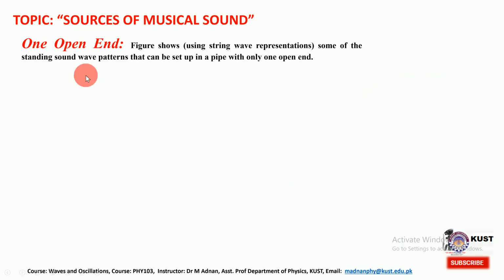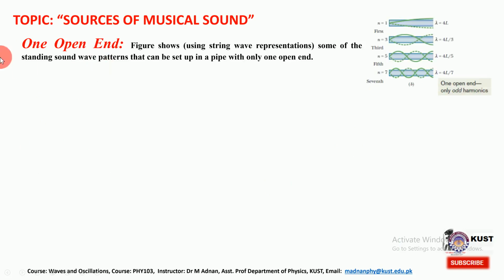Now if the organ pipe is designed in such a way that one end is fixed and one is open, we know from the discussion of standing waves on a stretched string that once you have a fixed end, there will be zero amplitude points, that is, the nodes. So this will be a node, this will be a node, for all these sound waves propagating with different lambdas inside, and they give rise to the various tones.